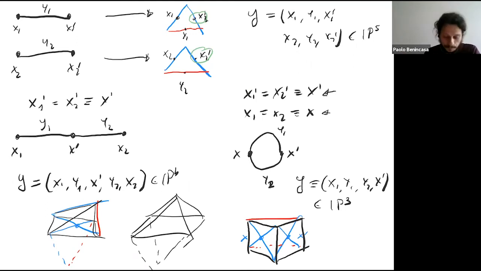A second important point to make is that, you know, now I'm drawing triangles, I drew something in P3, it's still doable. Already, there is some difficulty in drawing an object which is in P4. And one thing that you can see already is that the space where this object lives is substantially the space of energies. And the bigger the graph, the bigger the space of energies. So I won't be able to draw any polytope anymore. So how am I supposed to study them? The point is exactly this correspondence with the graph.